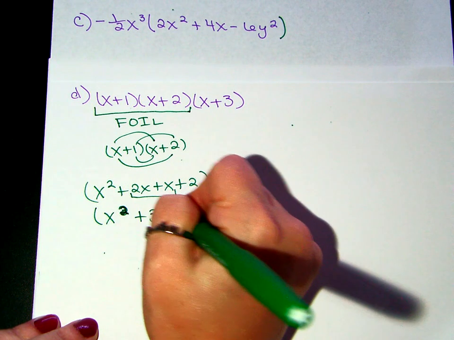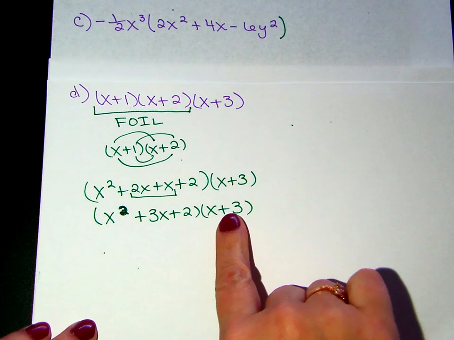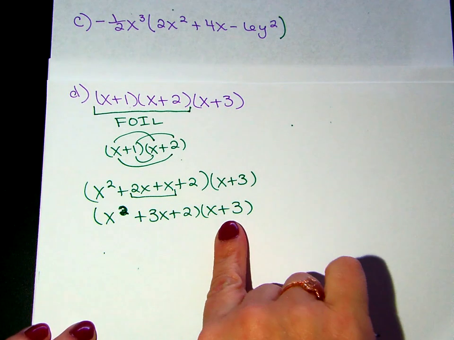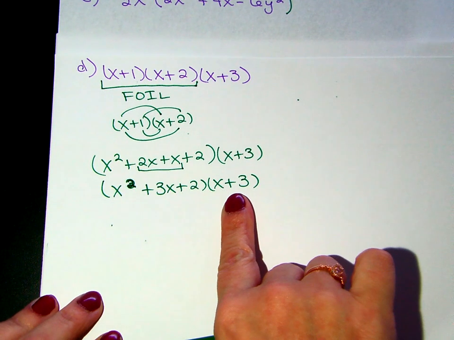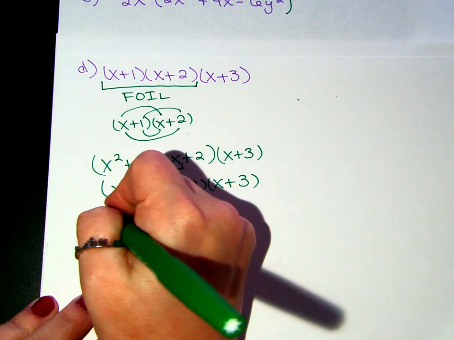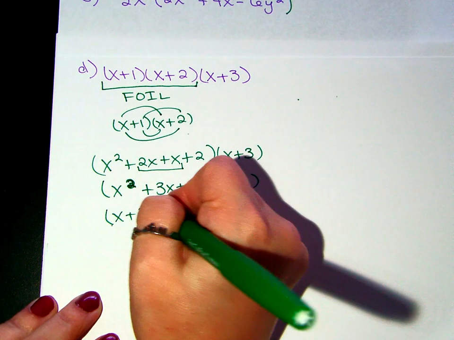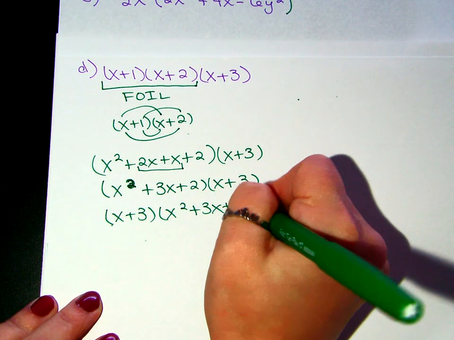And now this one looks almost exactly like B. And I determined I don't like having my binomial second, so I'm just going to rewrite it in front. If you're comfortable having it second, that's totally okay. Now I'm ready to do my distribution property.